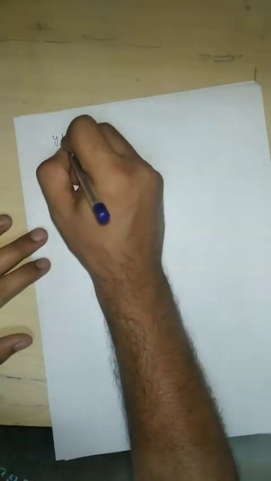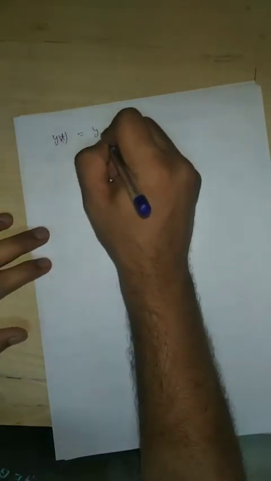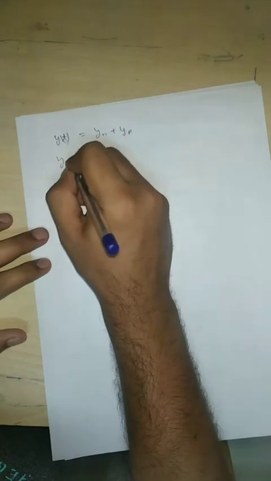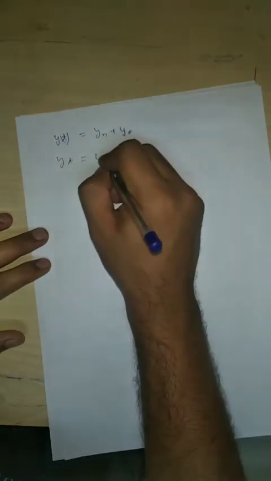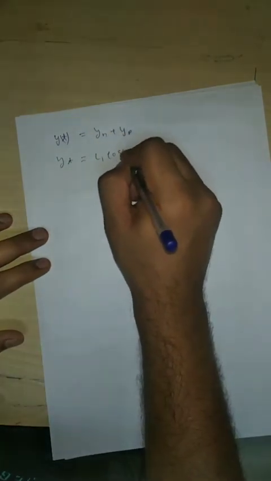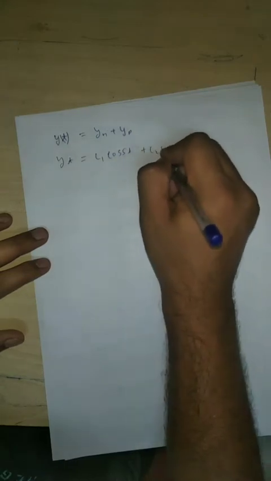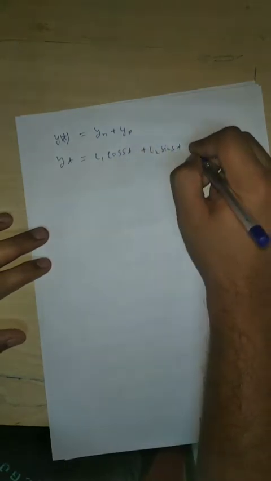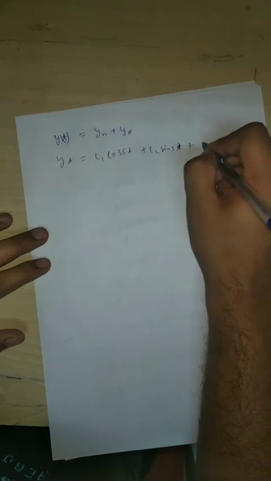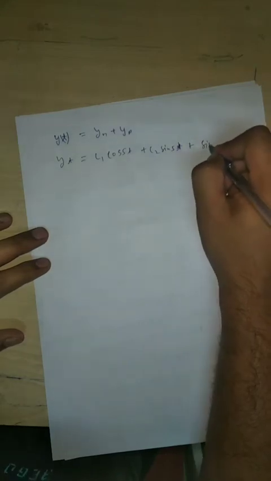Now, yt is equal to yh plus yp, so yt is c1 cos 5t plus c2 sin 5t plus sin t. This is the complete yt solution.